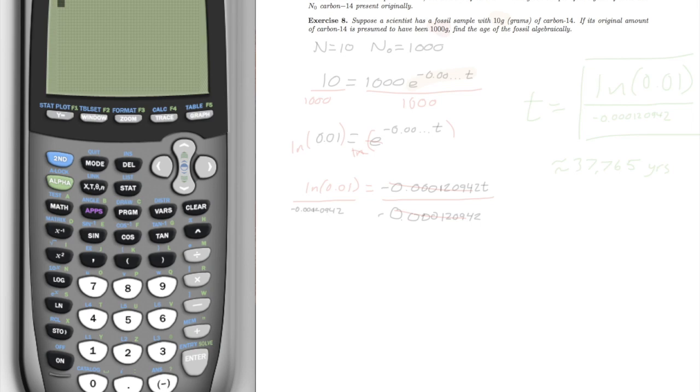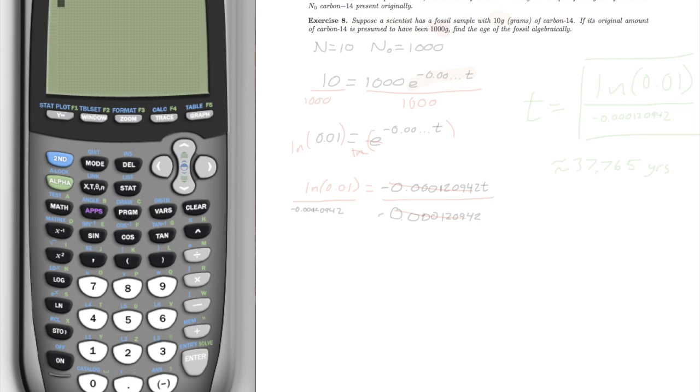If we have a fossil that contains 10 grams right now, we might make an educated guess and assume that there were 1,000 grams of carbon-14 initially. Now this will allow us to figure out how long this piece of ancient history has been sitting around, to find the age of the fossil.